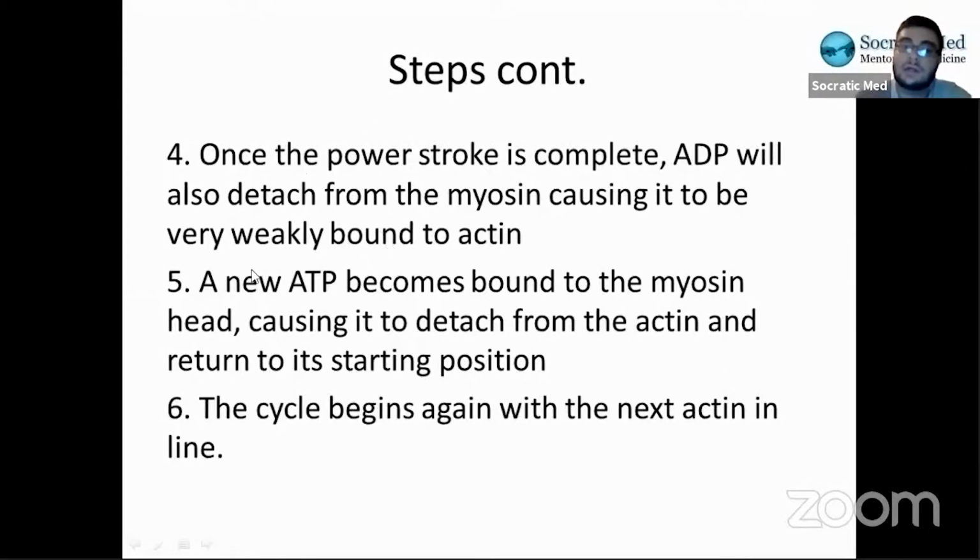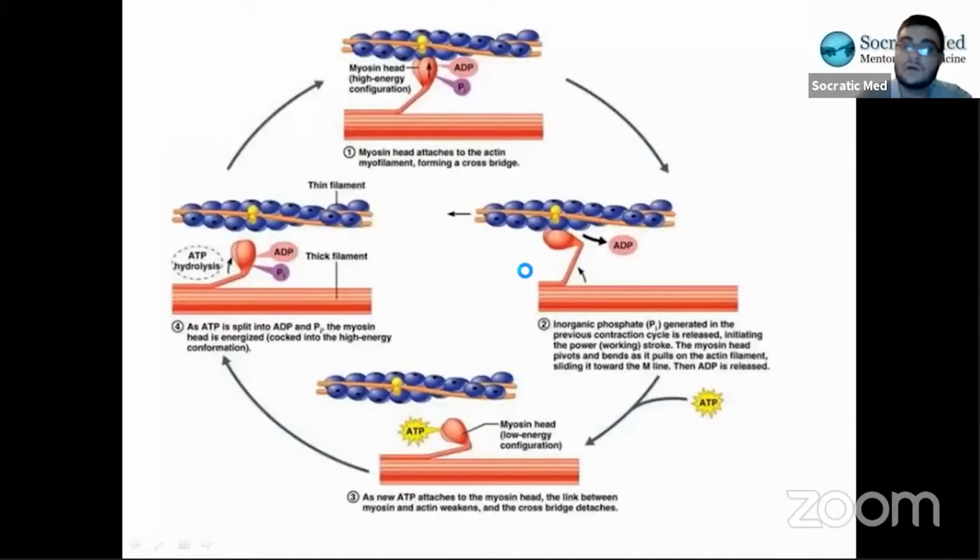But what is it used for first, before it can even energize? A new ATP is needed to bind to myosin, causing it to detach from the actin and return to its starting position, right? So if you didn't have ATP and you didn't have this step, before you can even energize it, it has to do this step. ATP has to bind to the myosin to detach from the actin.